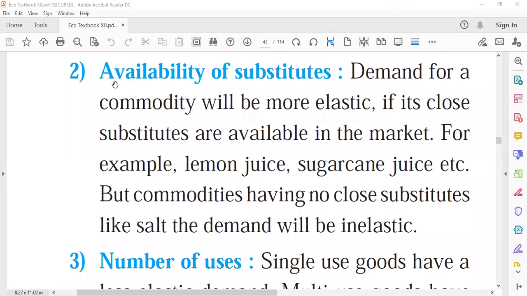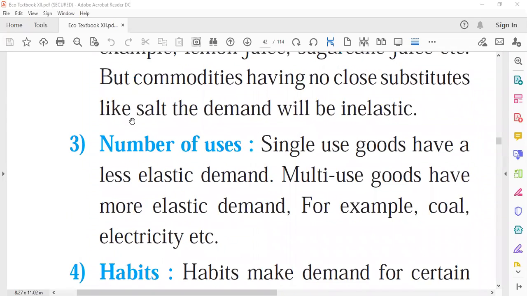Since no substitute is available for salt, if the price of salt increases, you have to purchase the same quantity of salt that is required by you. You cannot postpone your consumption. Therefore, the demand will be perfectly inelastic.